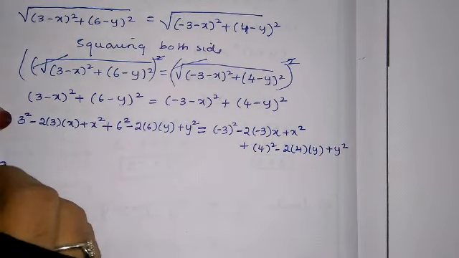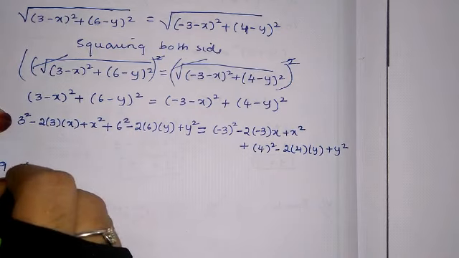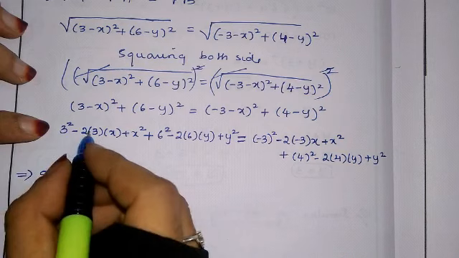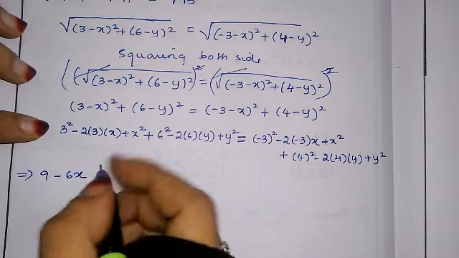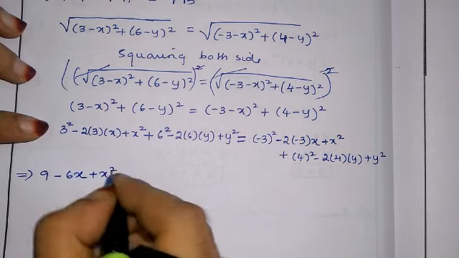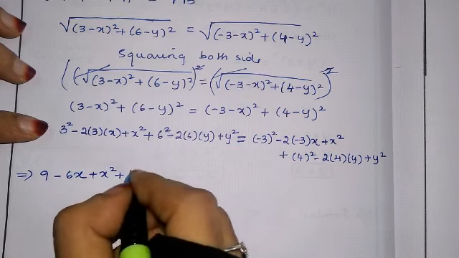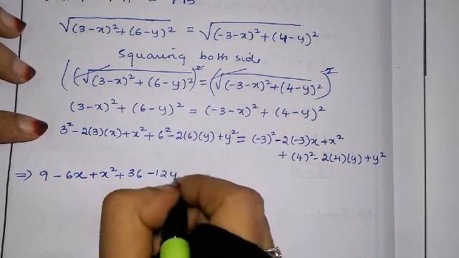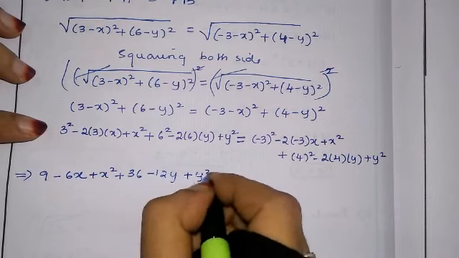3 square is 9, 2 3s are 6x, plus x square as it is, plus 6 square is 36, 2 6s are 12y plus y square.